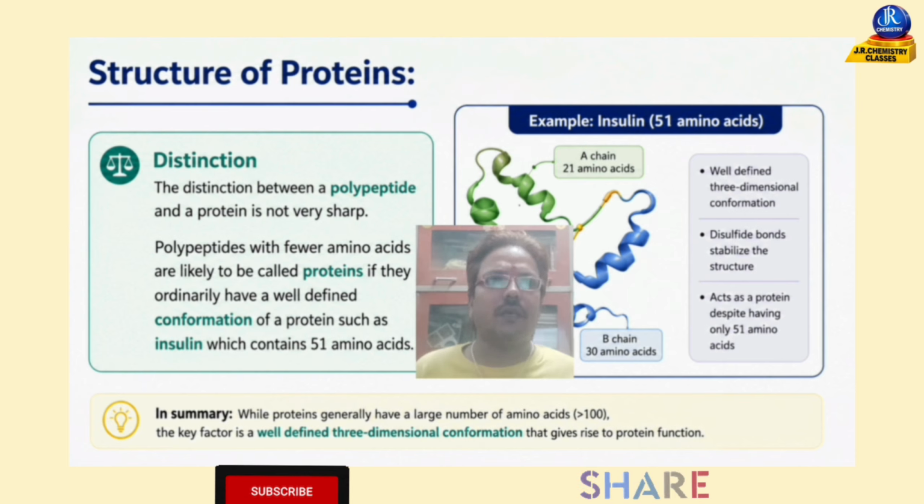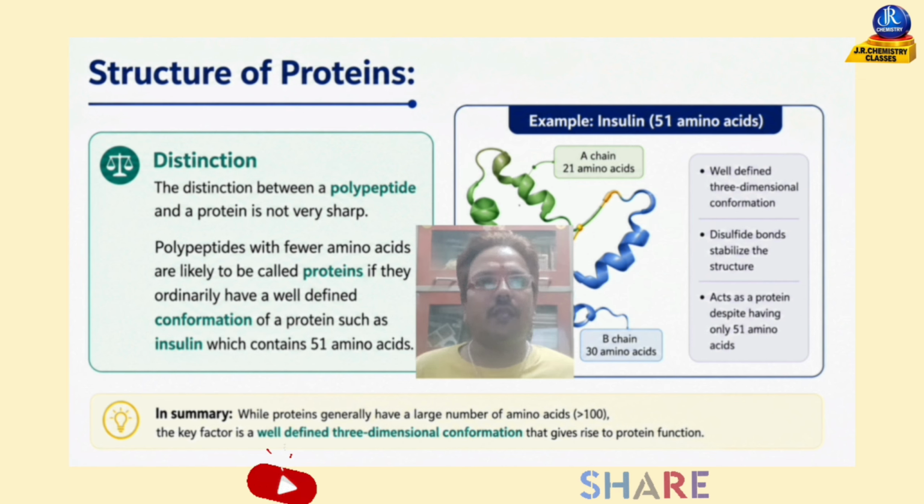Polypeptides with fewer amino acids are likely to be called proteins if they have a well-defined conformation of a protein, such as insulin, which contains 51 amino acids.